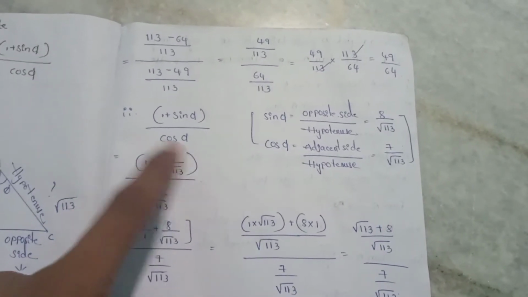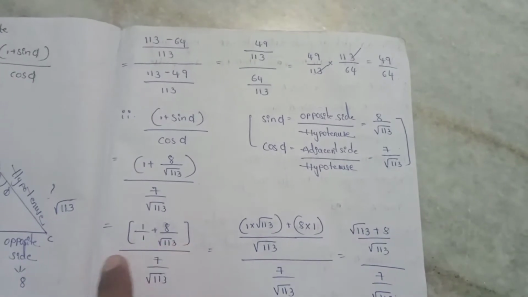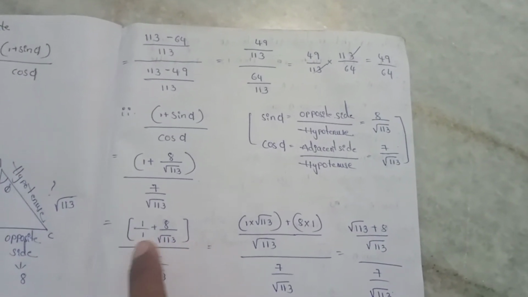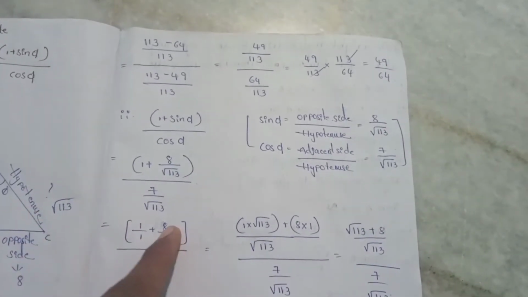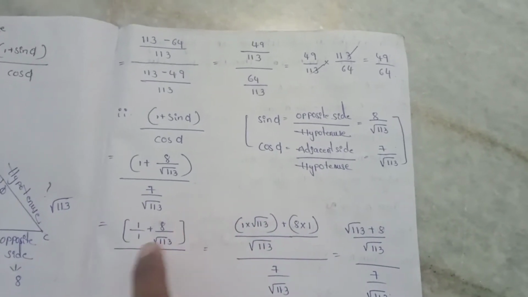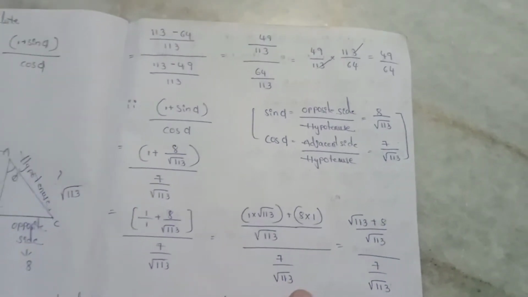Now we have to do LCM here. 1 can be written as 1 by 1. So 1 plus 8 by root 113, by 7 by root 113. See here, 1 into root 113. Now we have to do cross multiplication: 1 into root 113 plus 8 into 1, that is root 113 plus 8 by root 113, by 7 by root 113.